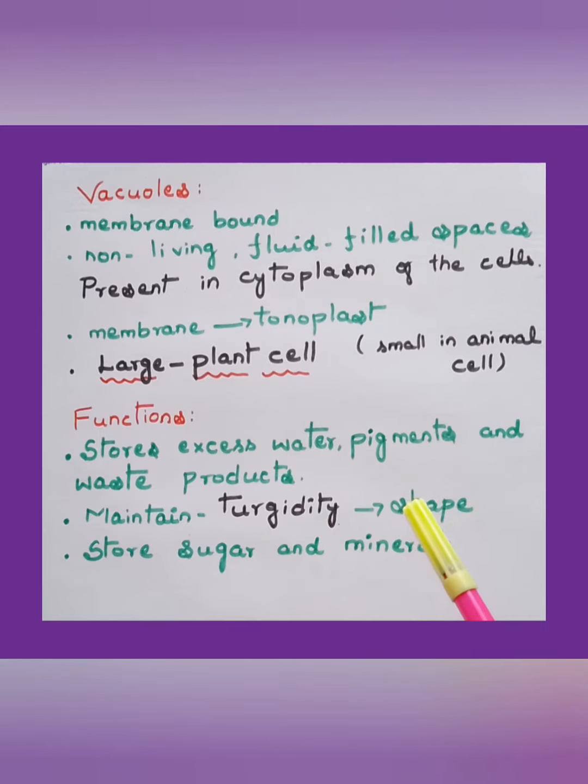To give the shape of the cell, the presence of vacuole is important. These vacuoles also store sugar and minerals. These are the main functions of vacuoles. In animal cells, vacuoles are absent; if present, as I told you, very small vacuoles are present to perform these functions.